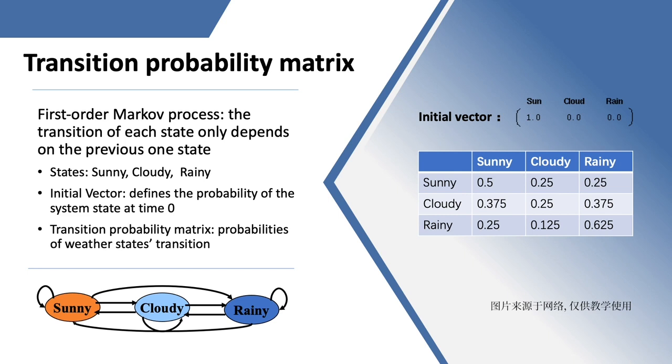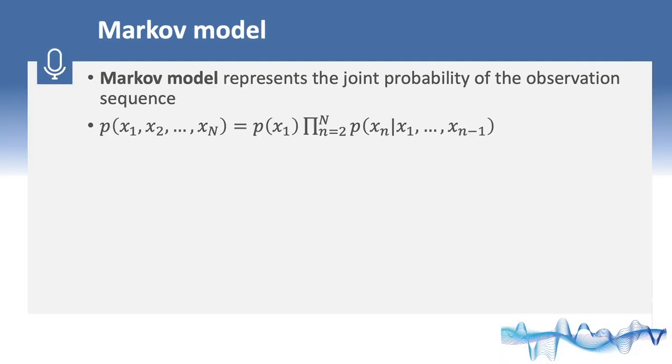To initialize such a system, we need to determine the possible conditions of the weather on the starting day and define it as an initial probability vector, also called the initial vector. The Markov model represents the joint probability distribution of the observation sequence.